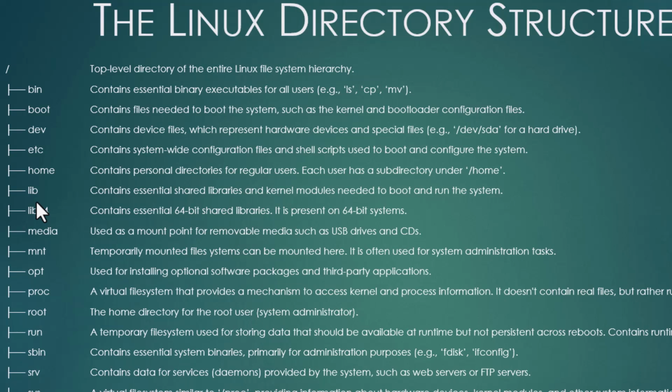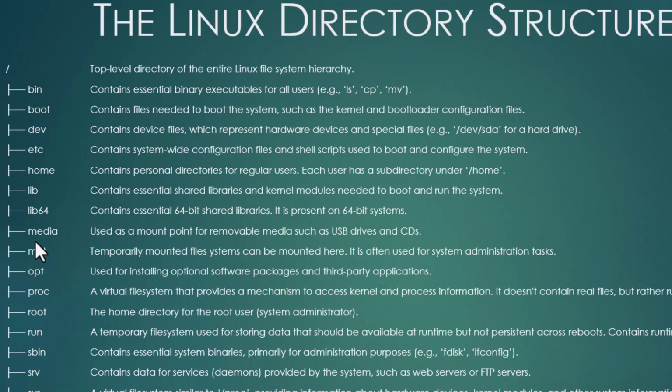Now the kernel is the nugget that is at the base of Linux that starts the entire Linux operating system. And so these contain kernel modules that are needed. There's one for 64-bit Linux as well, 64-bit lib, or lib. I call it lib.